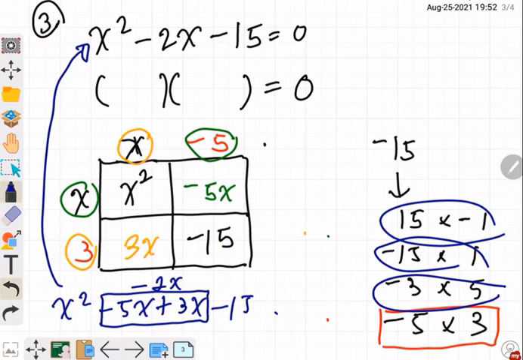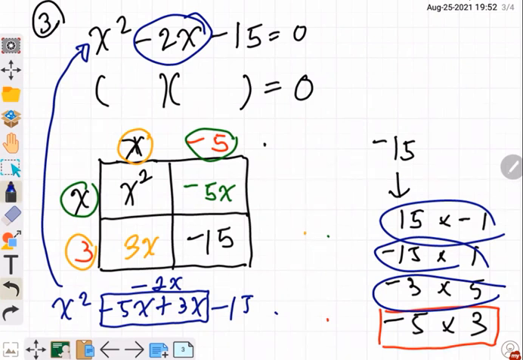We can just say positive 5 or negative 3, then try to see. Then if 3 and 5 do not work, we'll proceed with negative 15 and 1 and 15 and negative 1 until we get our middle term. Since at the very first try we get our middle term, which is negative 2x, we now have our factors.